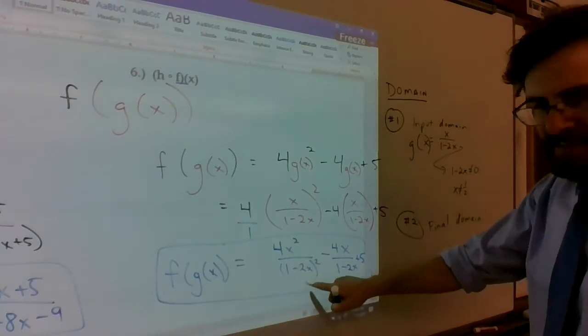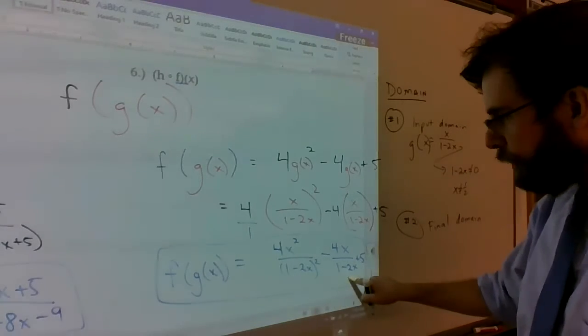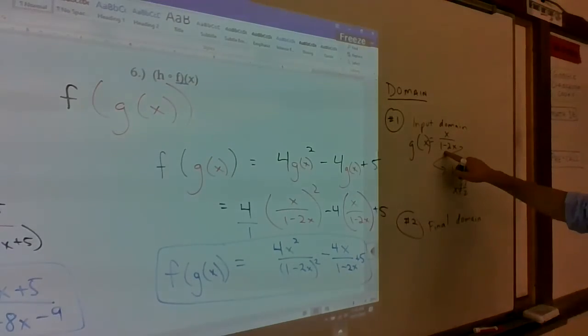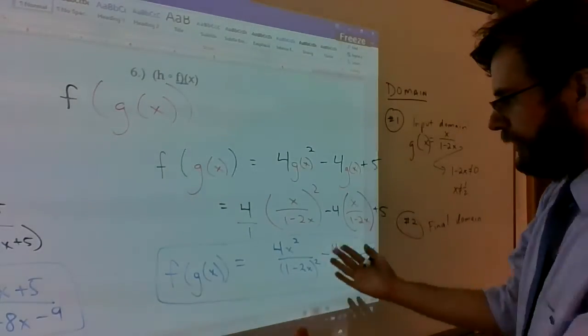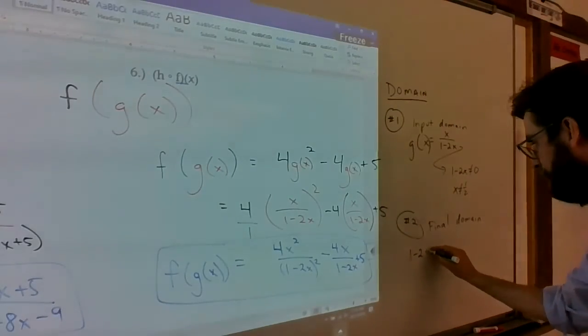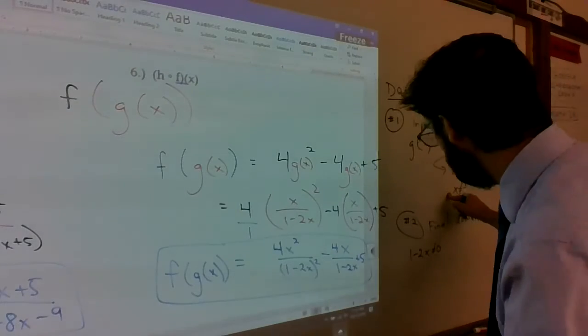Now, it really didn't make a difference because when you look at these two, they're both the same domain issue that you had for your input function. So, for this, it's sort of like saying, hey, all I got are fractions. The fractions are the problems. 1 minus 2x can't be 0. We already know that. That's not giving us anything new.